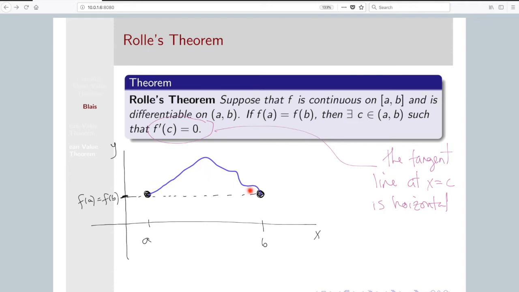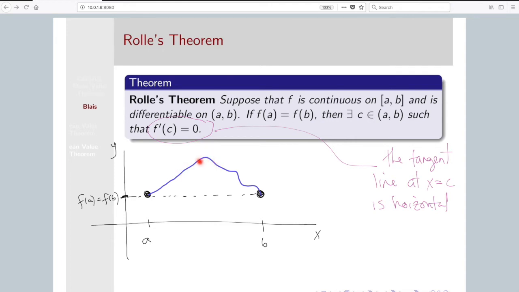Now there's many ways you could draw that, but there's only two possibilities. One, either I drew it as a straight horizontal line from this point to that point, in which case the tangent line is horizontal at every point between A and B. If instead, as we did in the picture, we deviated from that horizontal line connecting these two endpoints, well, here we went up, which means sooner or later we had to turn around to come back down.